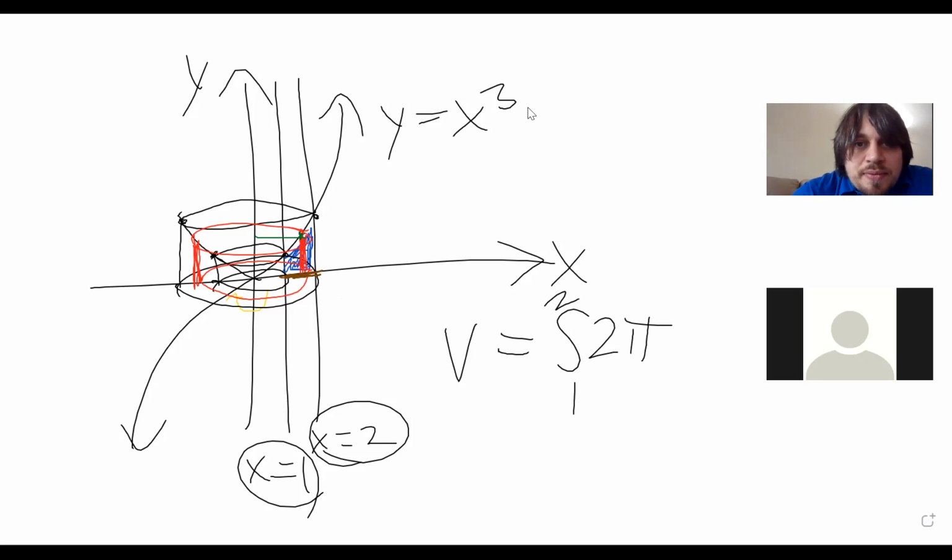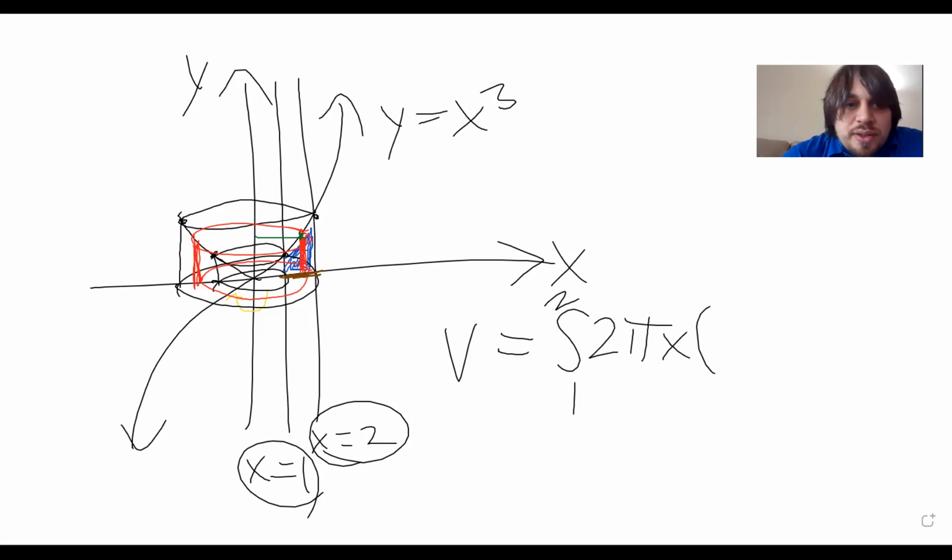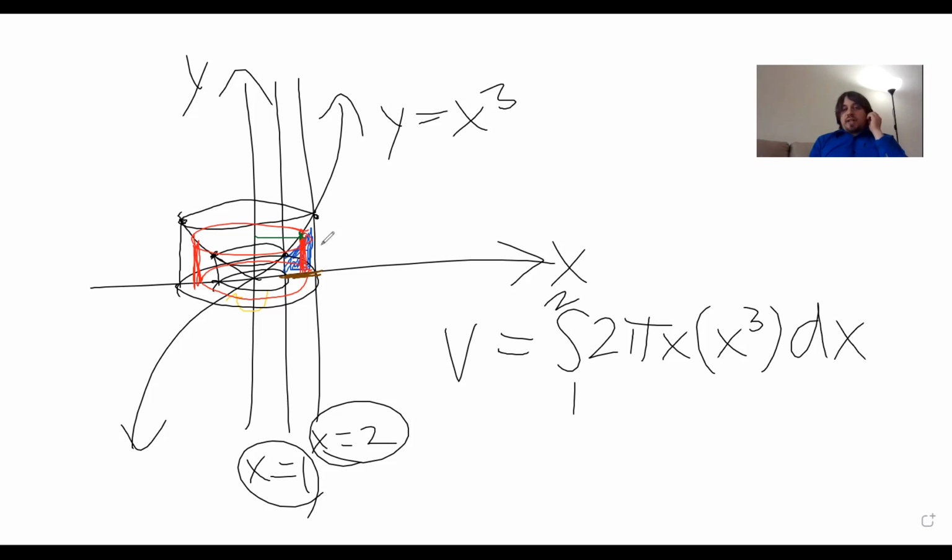So x is the radius, so it's 2 pi x times the height. The height of each cylindrical shell is the height of the graph y equals x cubed. So it's 2 pi r h dx. And when you calculate this definite integral, you find the volume of that rotated region.